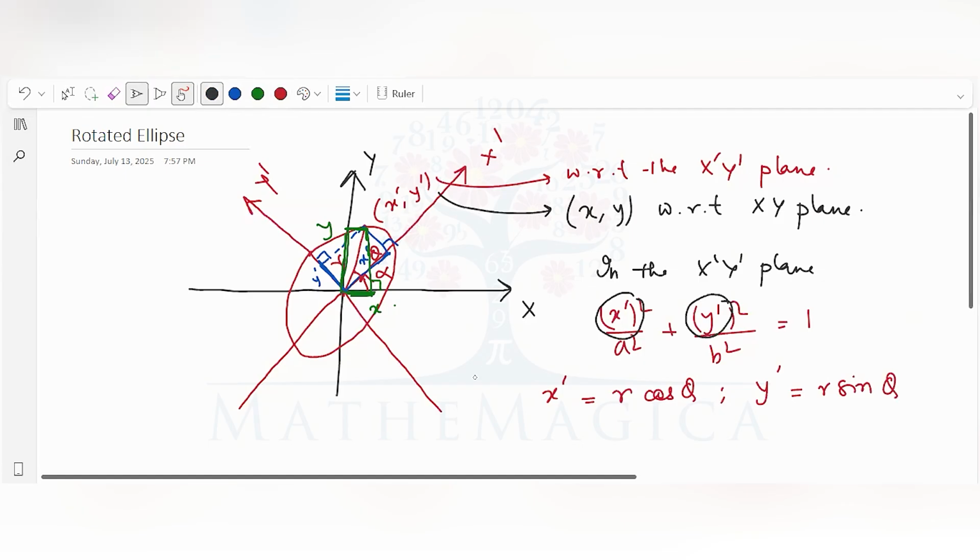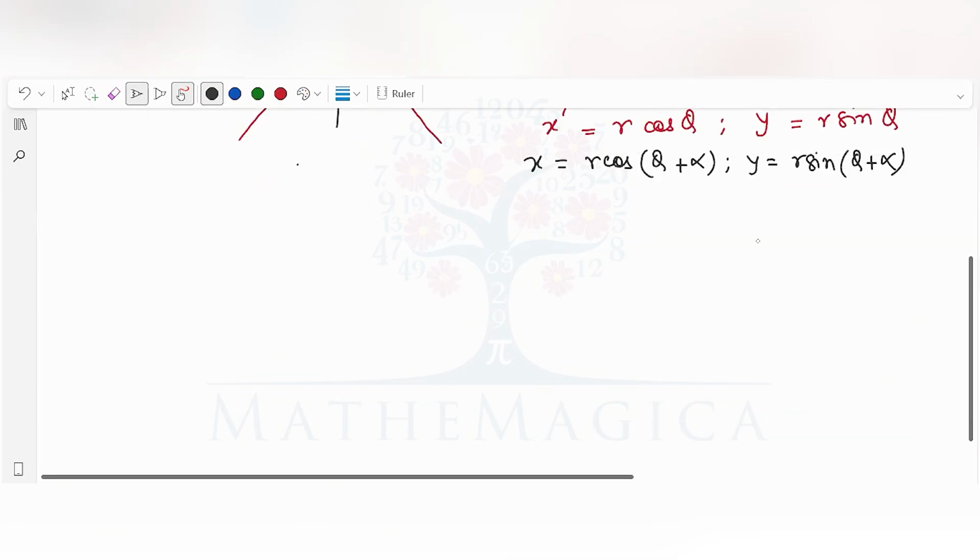Also, we can say from this very diagram that x equals r cos(theta plus alpha) and y equals r sin(theta plus alpha). So, from these equations, we can write x bar equals r cos(theta plus alpha minus alpha).